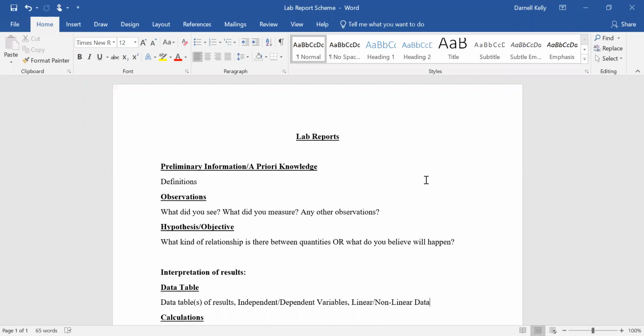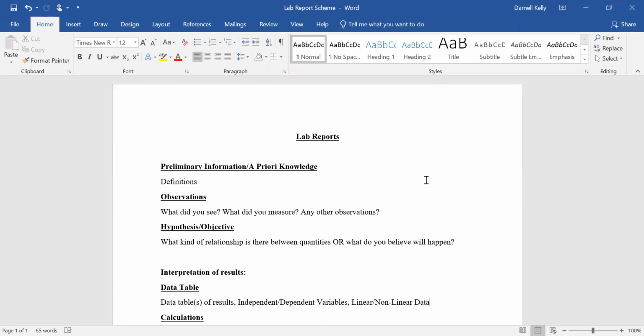This idea of a data table of results, independent and dependent variables, linear and non-linear data. We'll definitely have to understand the difference between data that's linear and data that's non-linear. You'll probably intimate that linear data has everything to do with a best fit line.